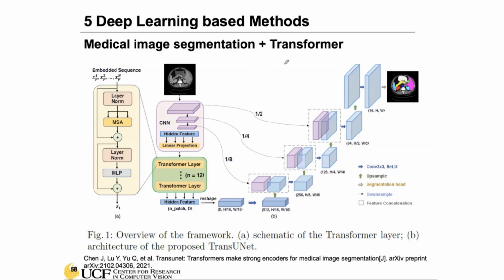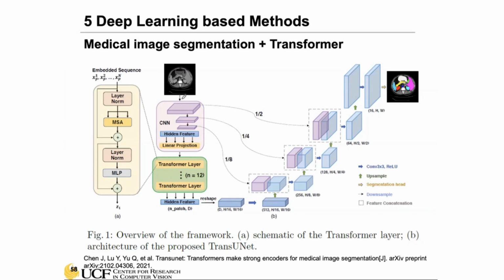We can specifically build long-range correlations and use the self-attention mechanism to learn which pixel or which part is important for a specific prediction. So in this work, the TransUNet architecture, they also consider transformer layers or some of the blocks. So actually this is a hybrid network.